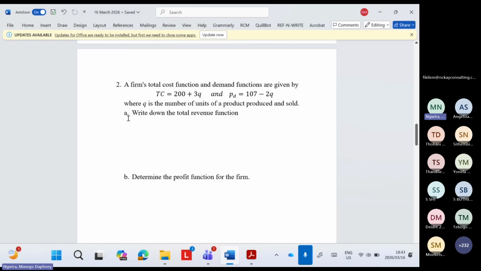A says, write down the total revenue function.